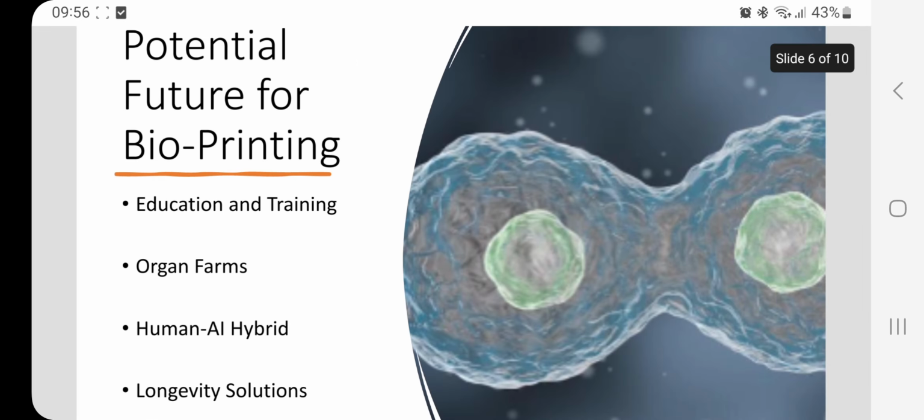The future potential of bioprinting has a lot of promise, and it is poised to revolutionize various aspects of healthcare, biotechnology, and beyond. It will impact education and training, organ farming, human and AI hybrids, and longevity solutions.